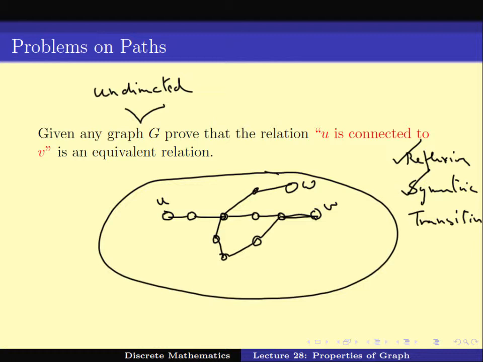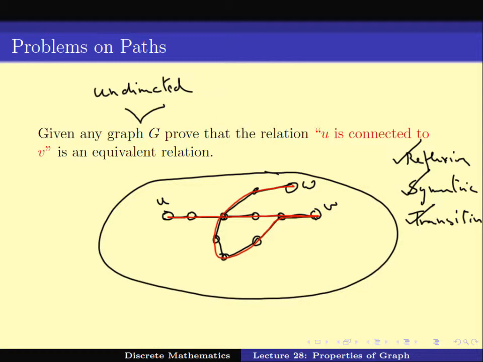And the answer is yes, there is. For example, I can go from U to W by going from U to V and then retracing back the path and going to W. So if there is a path from U to V and there is a path from V to W, then there is a path from U to W also. Hence, in the case of an undirected graph, it is an equivalence relation.